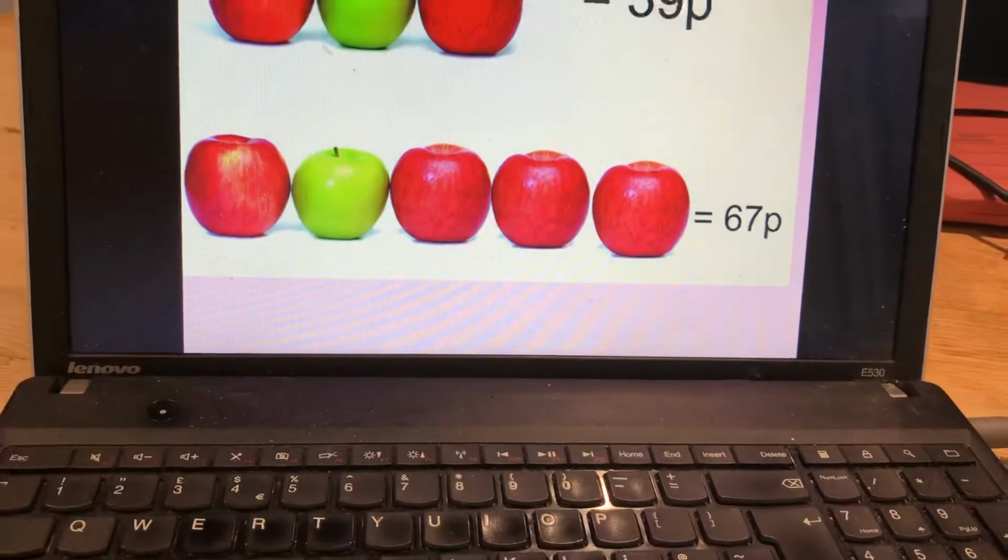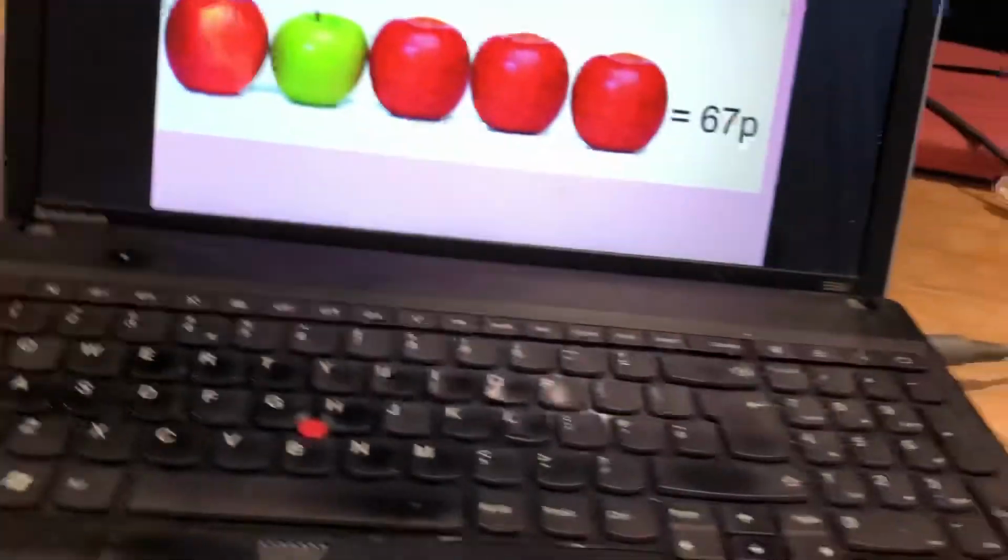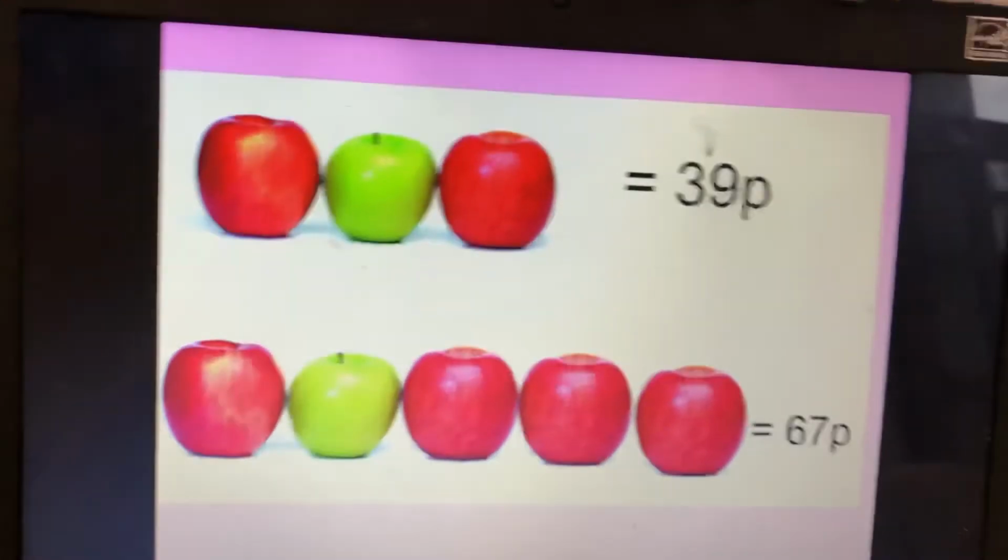On my next one I've got 4 red apples, and I think a red apple is 14p. So I think the red apples are 56p. I've got 1 green, so add on my 11p, which gives me 67p. Yeah, and I know that I'm right.